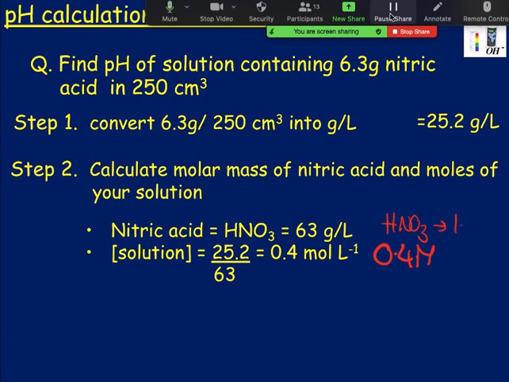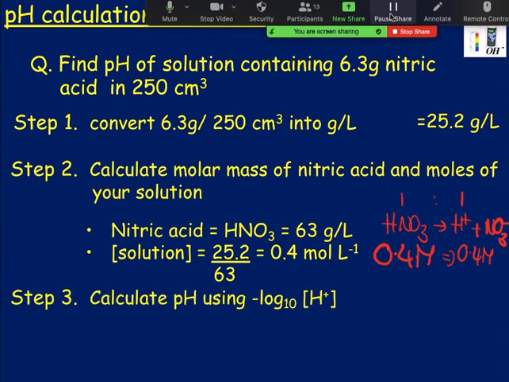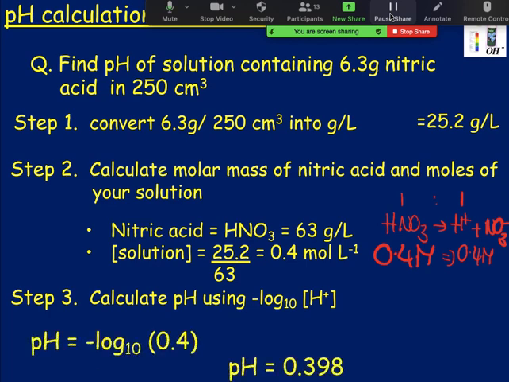When that dissociates, it dissociates into 1H+ and NO3-. So it's a 1:1, so the concentration of my H+ must be 0.4. Then I can plug that into my formula. I can get away with 0.398 because there are 3 significant figures up here.